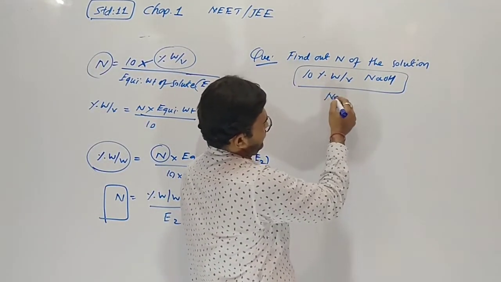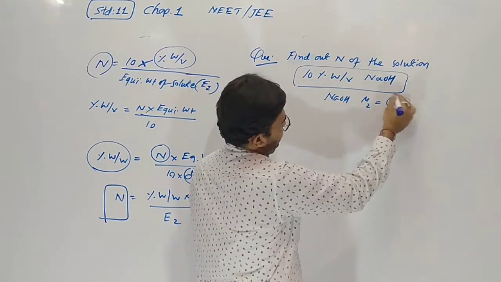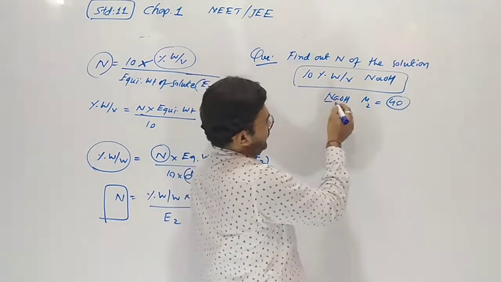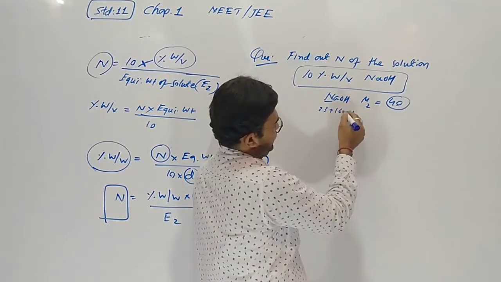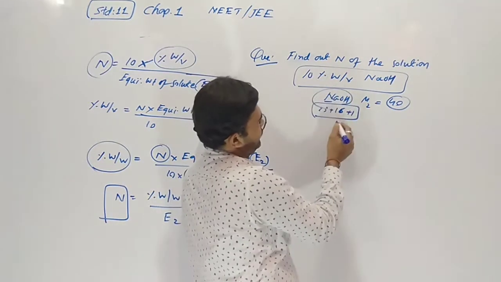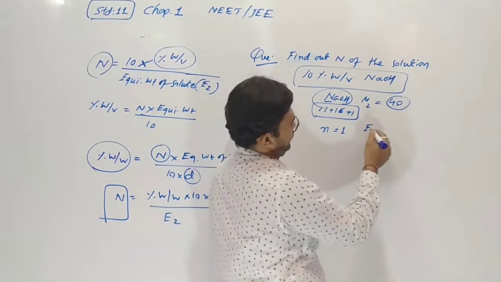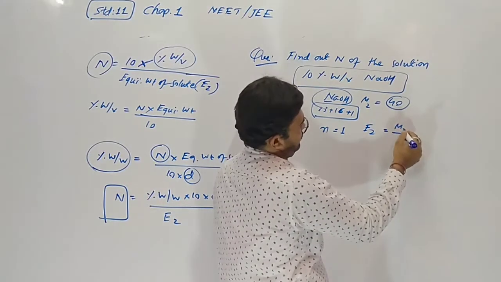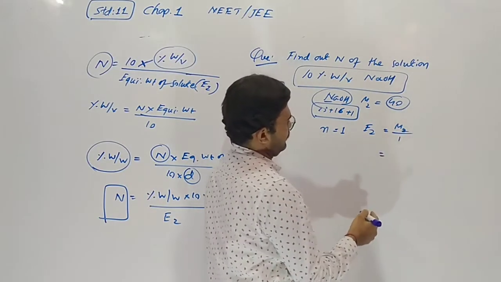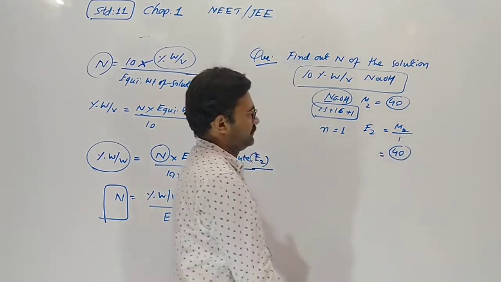NaOH is a base. So molecular mass is 40: sodium 23, oxygen 16, hydrogen 1. Now the acidity of NaOH is 1. So equivalent mass, molecular mass upon acidity, is also 40.